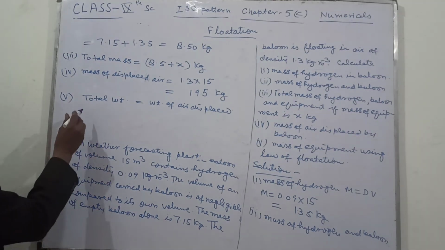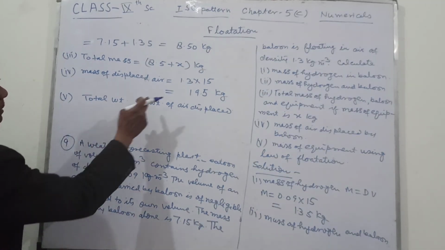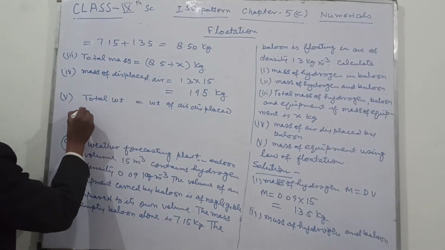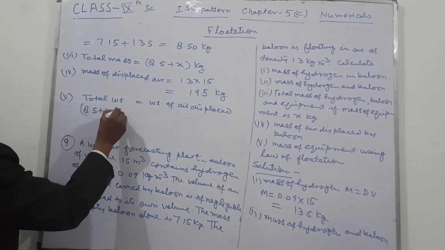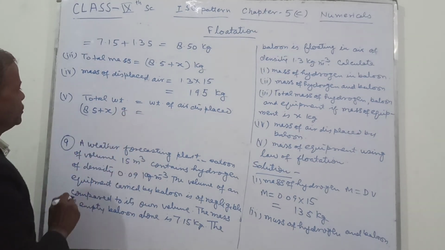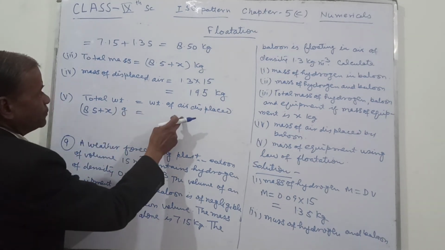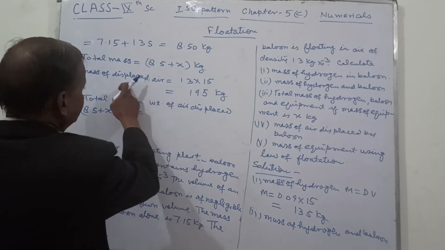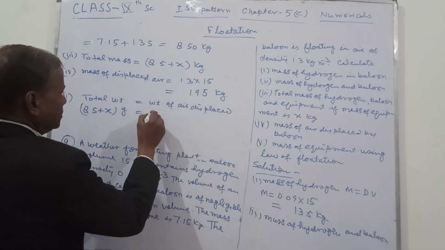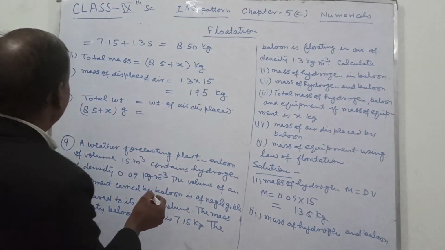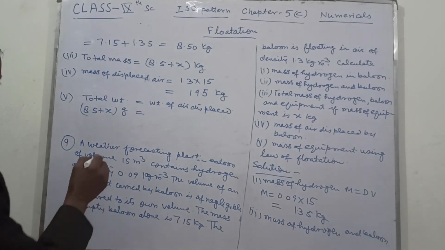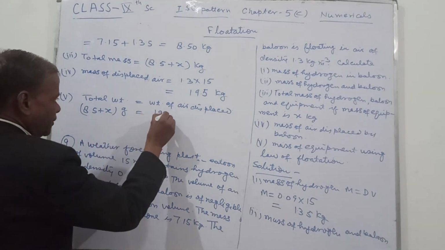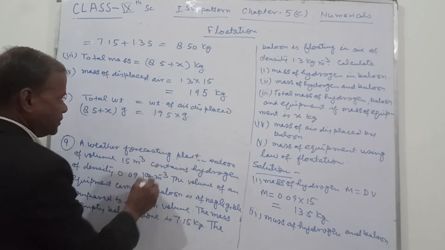So the total, 8.5 plus x, into g is equal to the mass of the air, 19.5, into g.